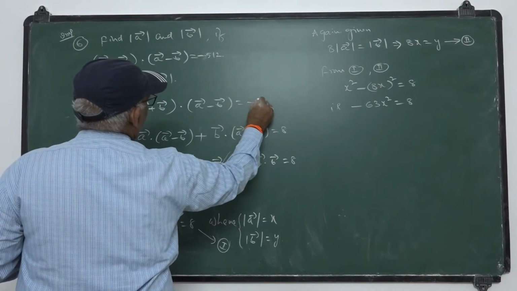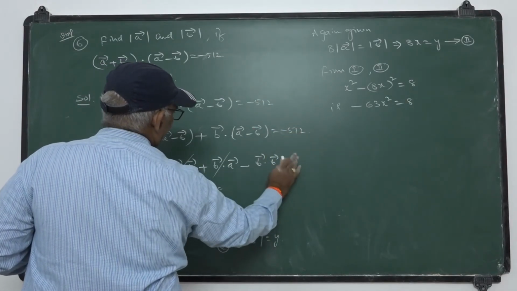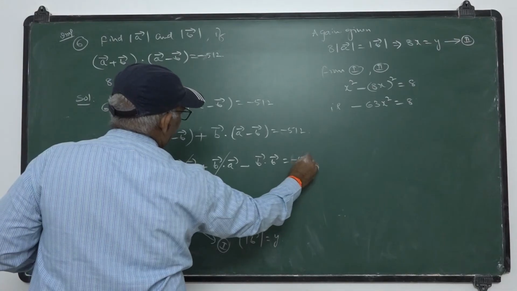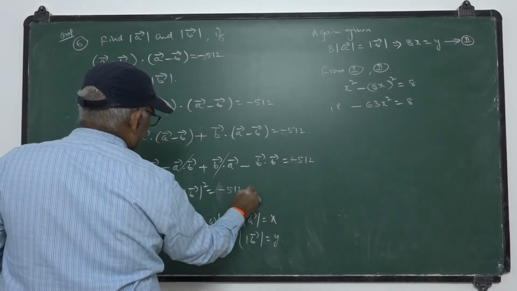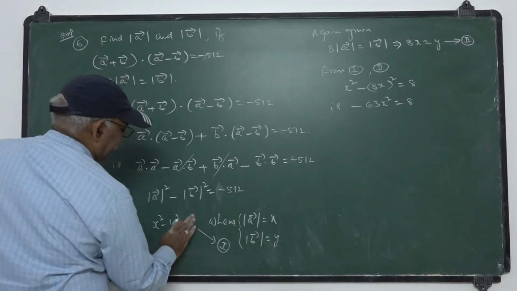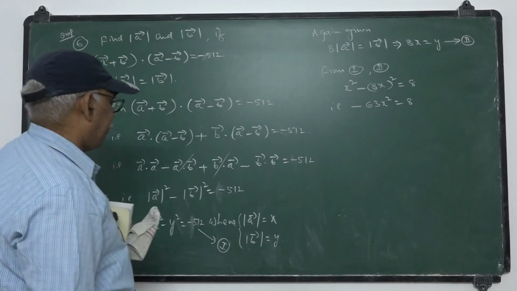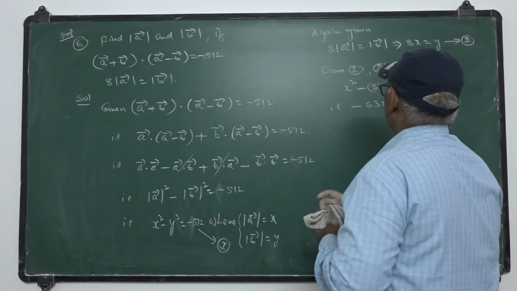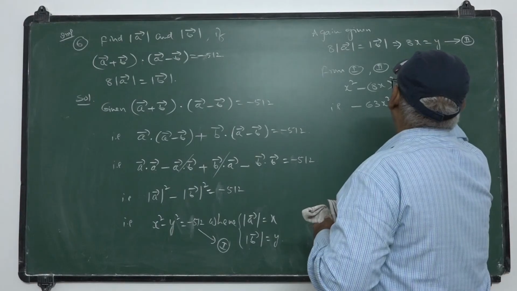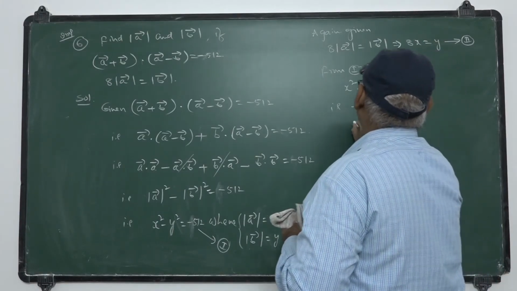This is minus 512. Hence this is minus 512. Once this is minus 512. Okay. In such case, this is minus 512.